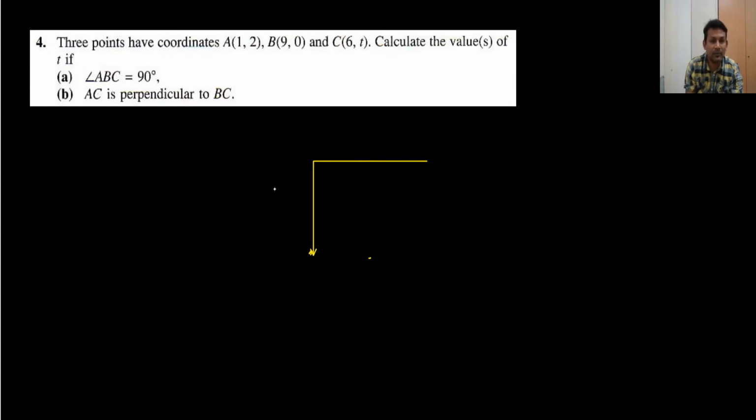We can write that angle ABC is 90 degrees, because B is in the middle, and whatever is in the middle is 90 degrees. Then we have to find the value of t. A is 1, 2, B is 9, 0, and C is 6 comma t.